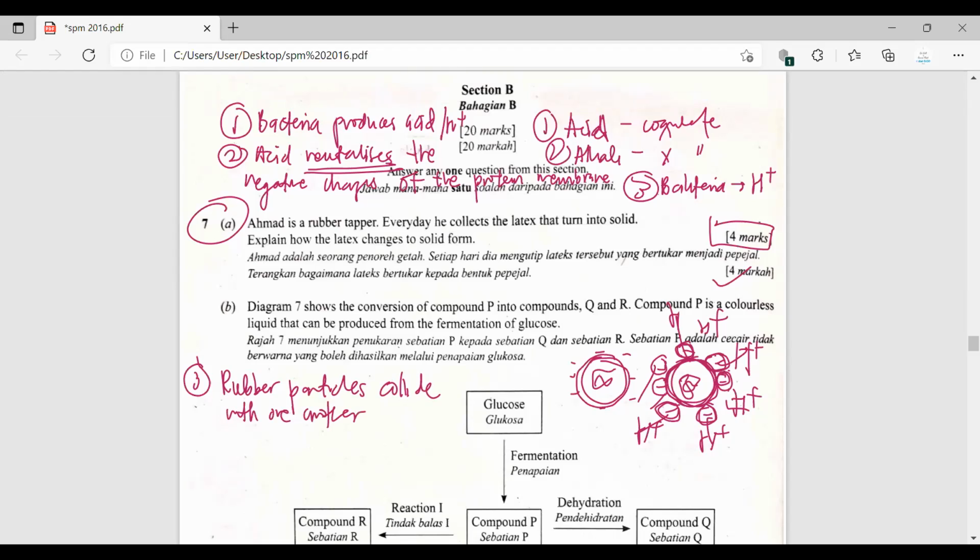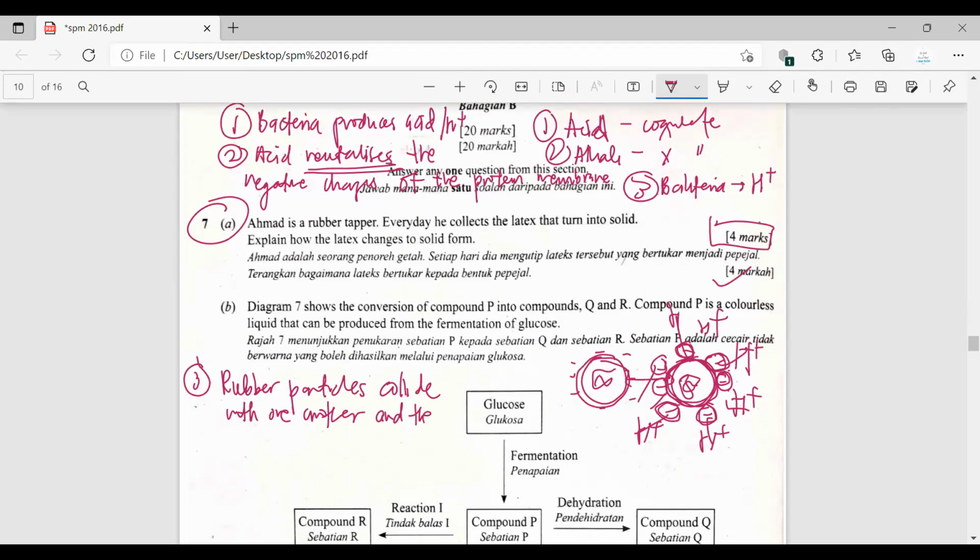When they collide with one another, what's going to break? If these two collide with one another, what is the main thing here that is going to break? I've lost many people here already. The protein membrane. Yes. And the protein membrane will break.